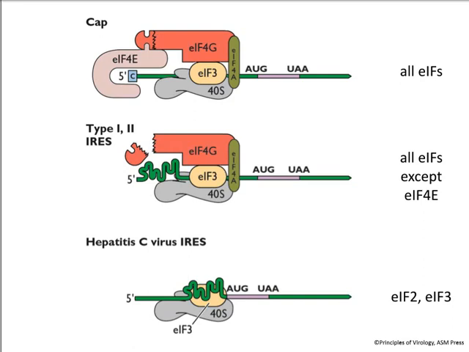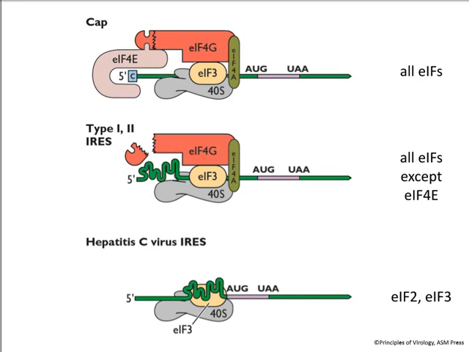All right, and here is a hint of what's to come. In cells infected with picornaviruses, eIF4G is cleaved, but it doesn't matter for the function of the IRES. The IRES will still bind 4G even when the N-terminus is cleaved. Of course, this 4G can no longer bind 4E, and that's why it no longer recognizes a cap.